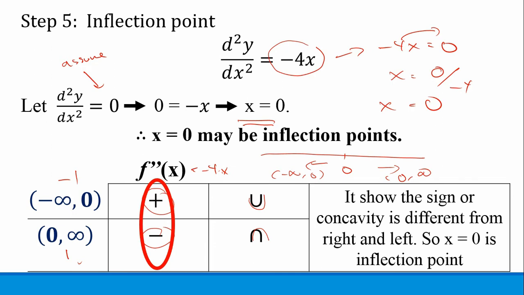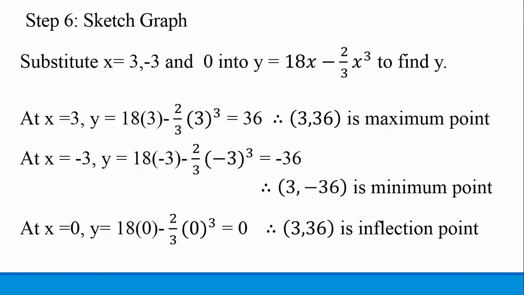Now you already have 3 points: x equals negative 3 from before, and also 3, and then you added one more, 0. So I want to find the points. You have 3, negative 3, and 0.